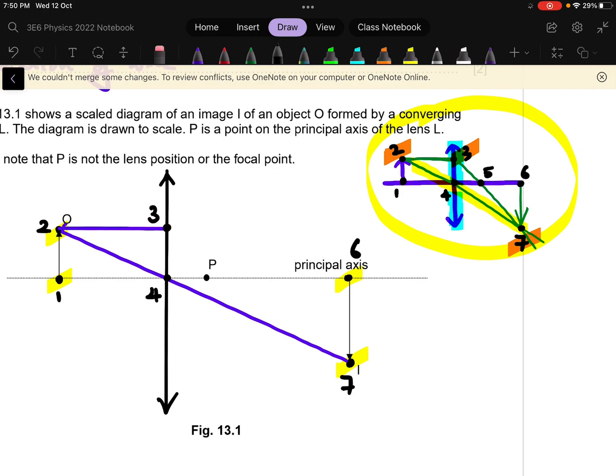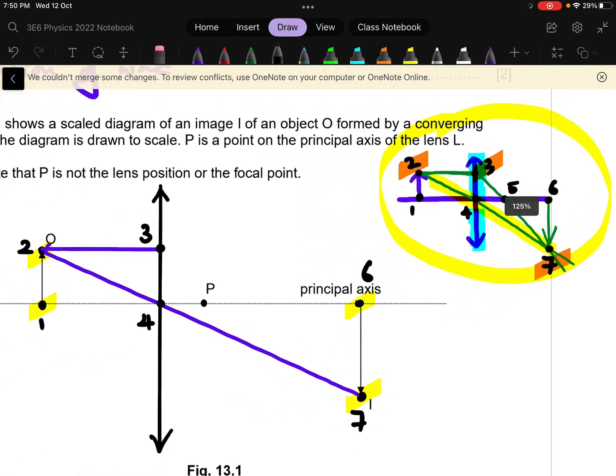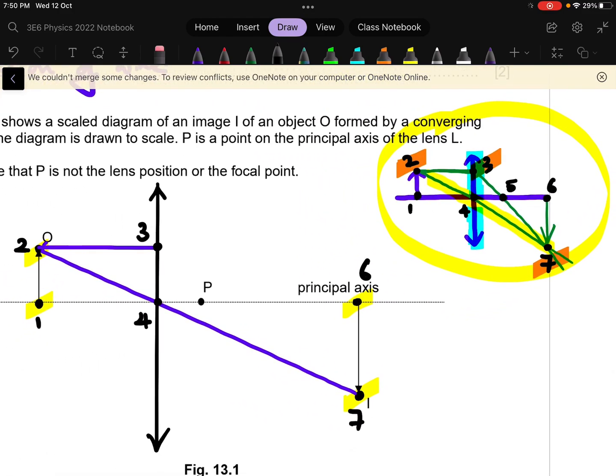Once I have point 3, I can see from my standard model that point 3 and point 7 will also form a line. So I draw this, and if I draw point 3 to point 7, I will expose point 5, and point 5 would be my focal point.